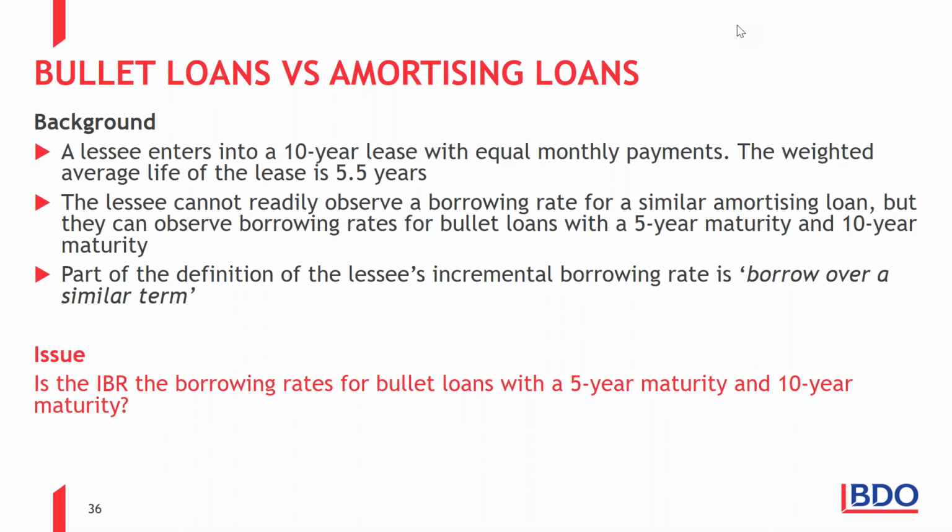What's been said previously in the presentation is that the incremental borrowing rate is made up of a couple of factors: economic factors, financing factors, and asset factors. In terms of the base rate, in a normal economic environment, the government bond yields over specific terms is usually referred to as the yield curve.